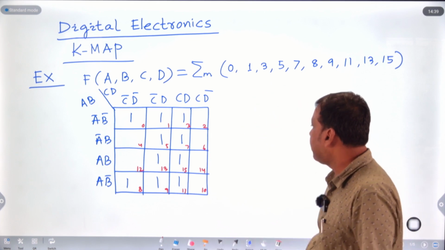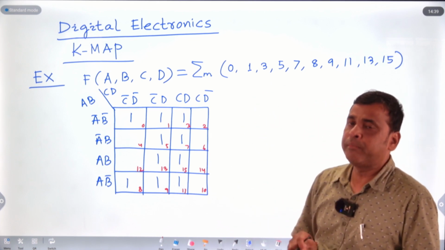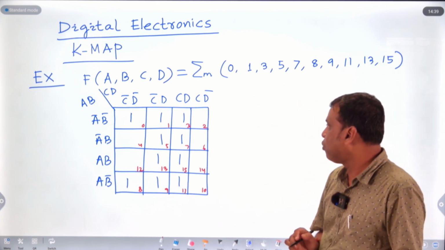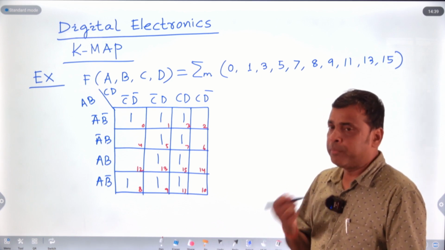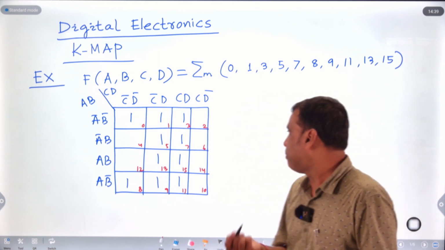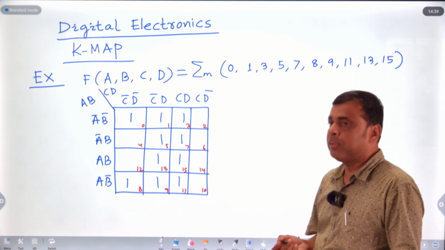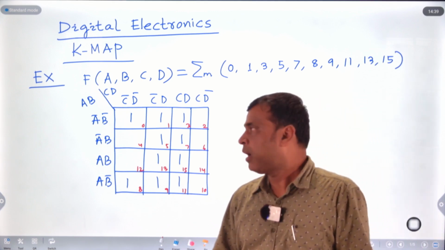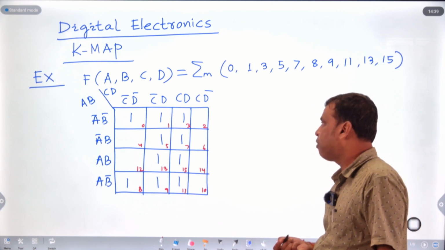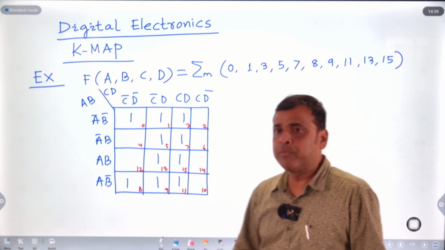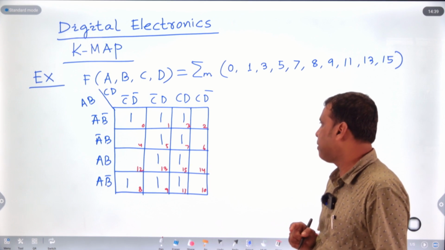Since the min terms are given, we form groups from the combination of min terms. A group may be a pair, a quad or an octet. If an octet, that means 8 1s form a group, out of 4 variables 3 variables will be removed and only 1 variable remains.